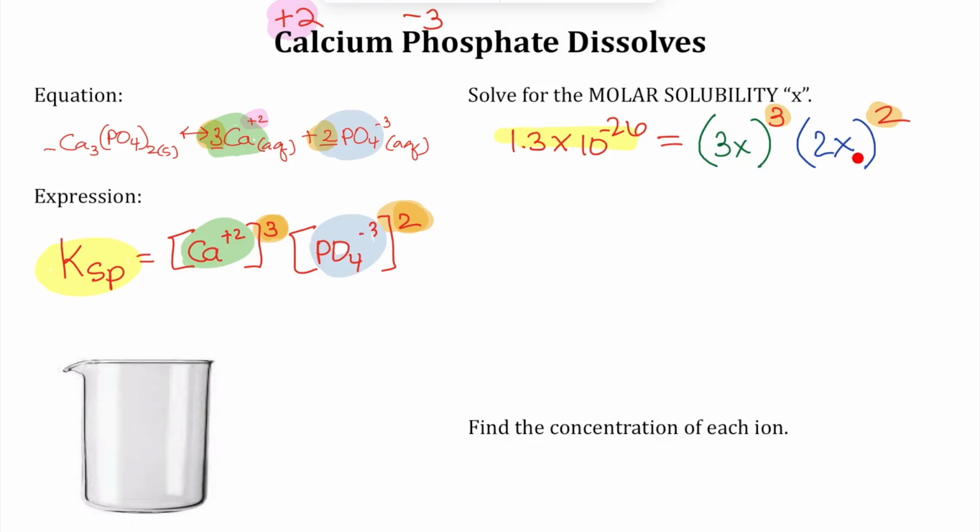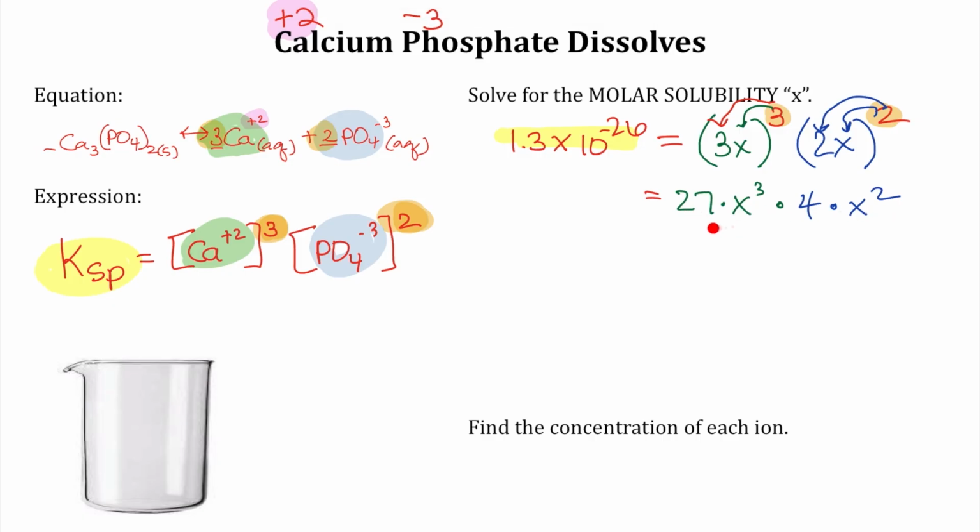Now I can go through and simplify to solve for x. So I've got 3x all cubed. That means we're going to have 3 cubed, which is 27, times x cubed. We have to cube everything in those parentheses, times 2x squared. So that is 2 squared, which is 4 times x squared.